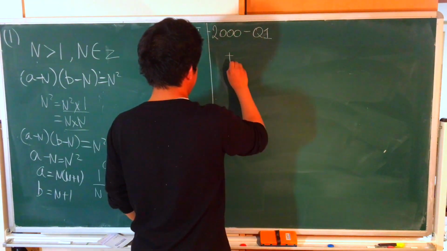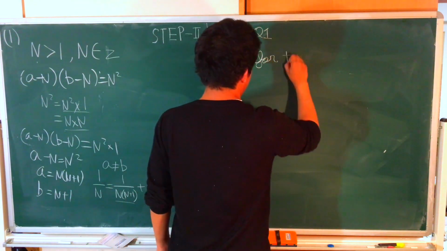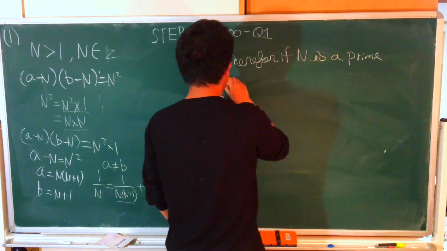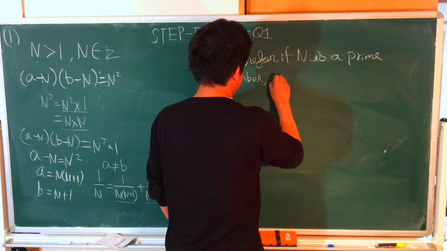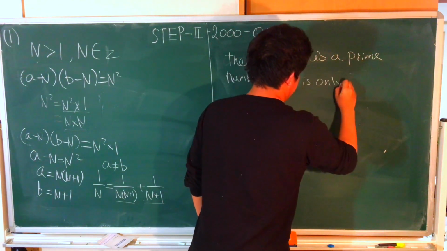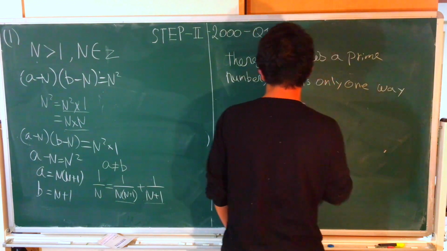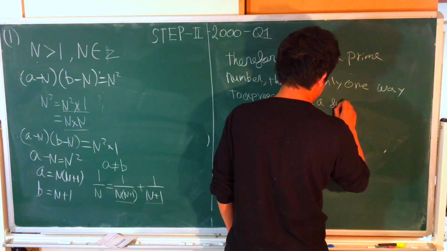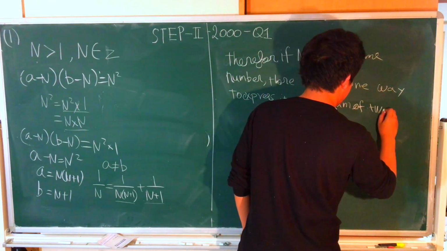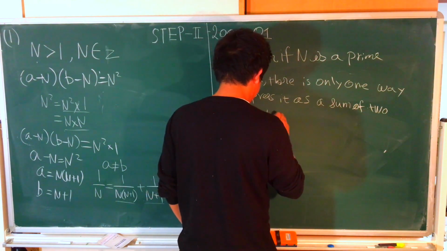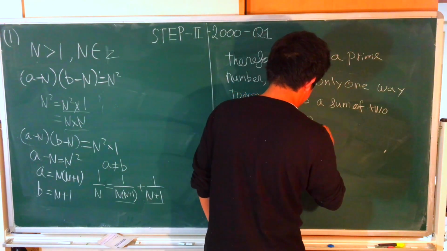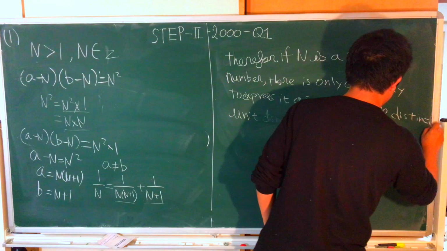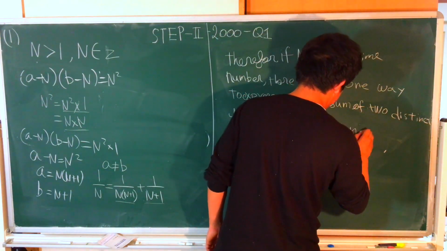Now, therefore, if n is a prime number, there is only one way to express it as a sum of two distinct unit fractions.